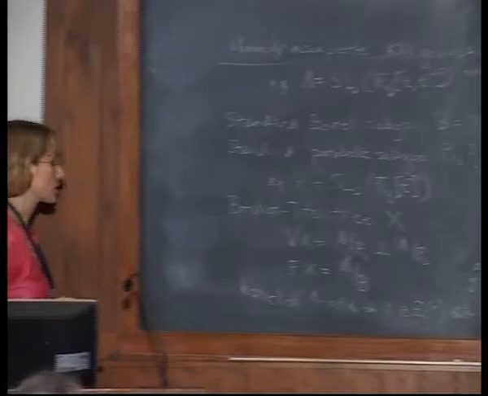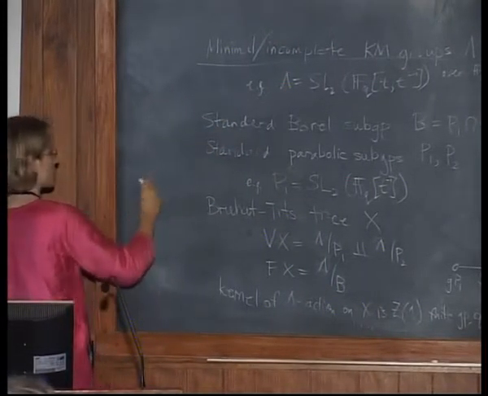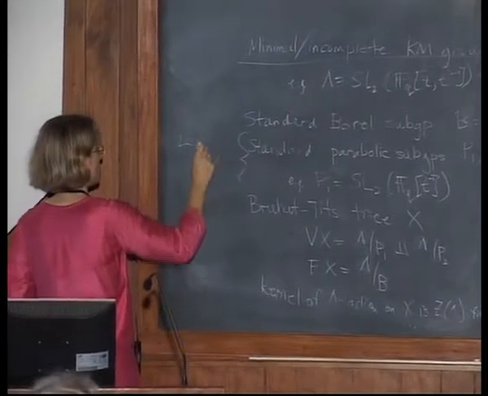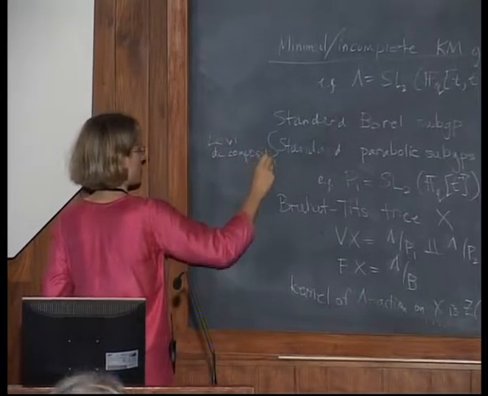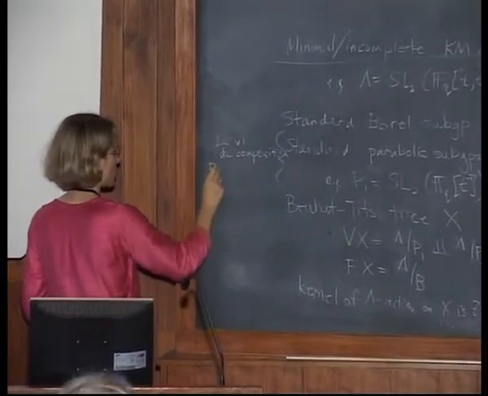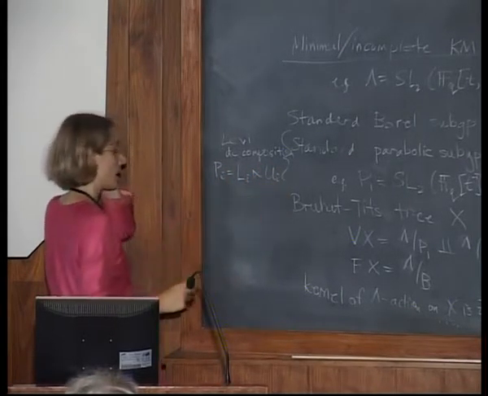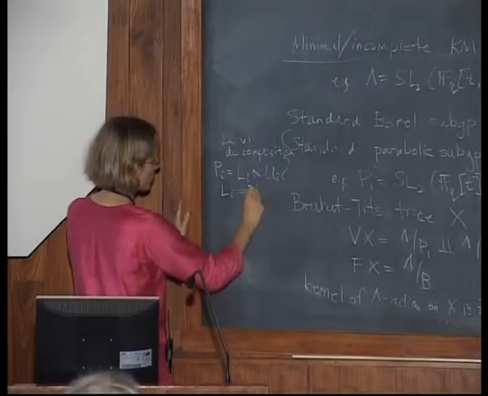Now, one other thing we'll be using, these groups have very nice decompositions, which are called Levi decompositions. So Pi splits as Li semi-direct with Ui. Li is a finite group.